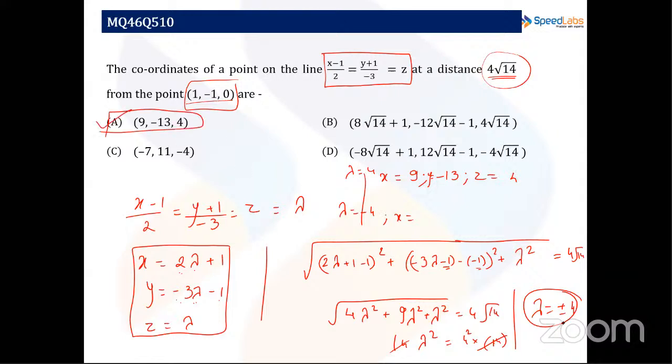Moving to the next option, lambda equals to minus 4: x is minus 8 plus 1, that is minus 7, y is 12 minus 1, that will be 11, and z is minus 4. So the correct options are A and C.